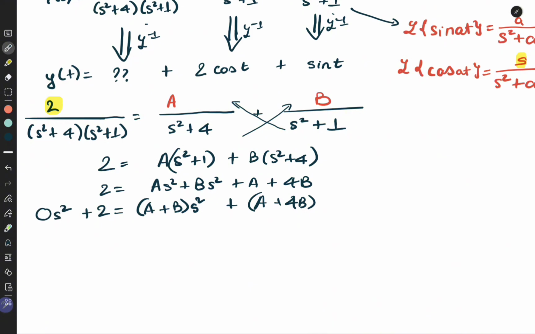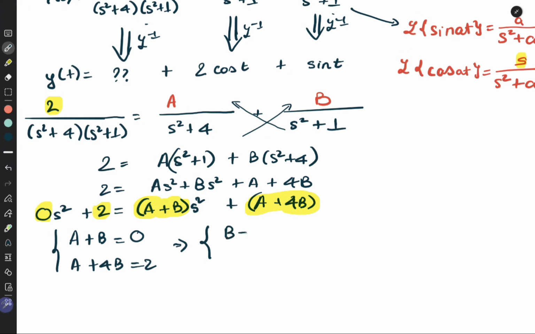0 S squared there. If I compare them, I will have A plus B equals 0 for the S squared coefficient, and A plus 4B is 2, the constant term. That gives me B equal to negative A. Then A plus 4B means A plus 4 times negative A equals 2.